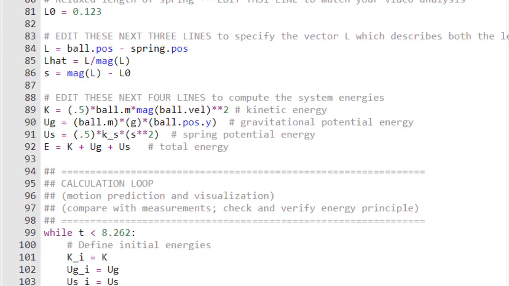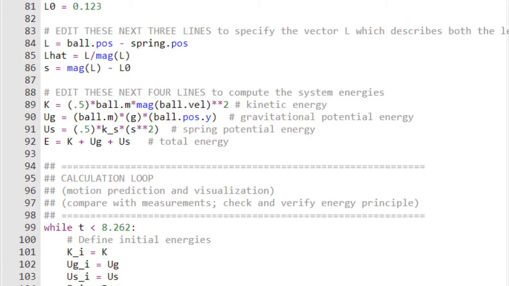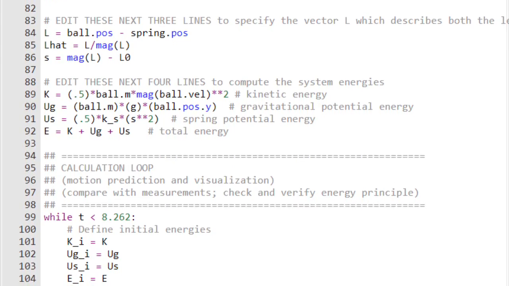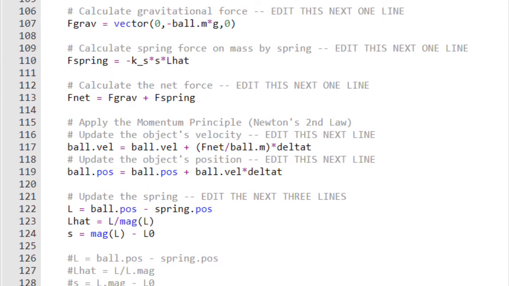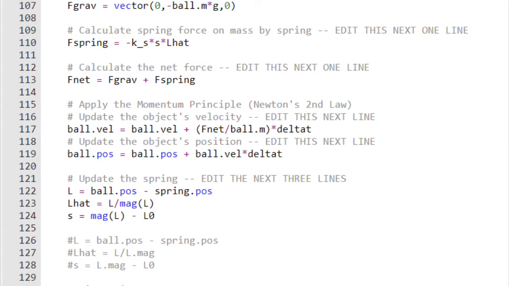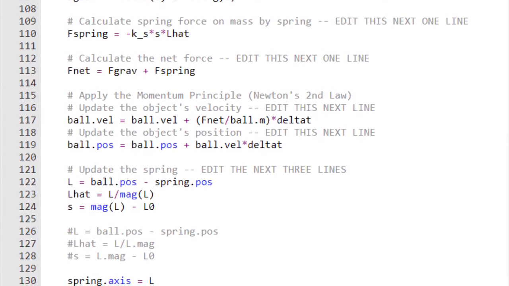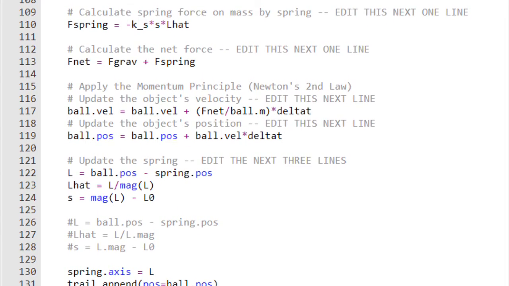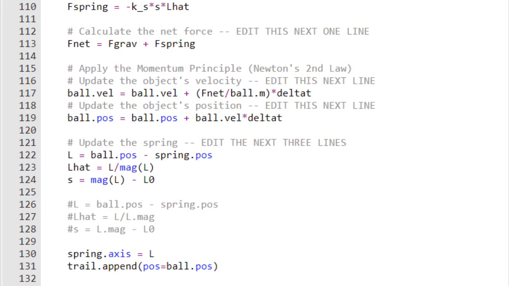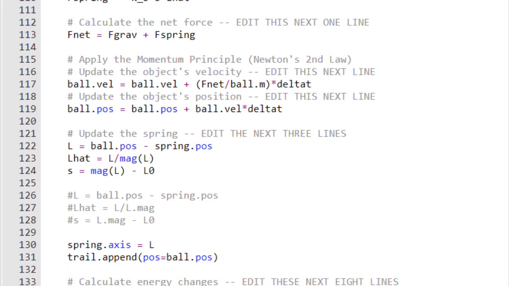And then we get our while loop, and I did my entire time, which was 8.262 seconds. And we do a lot of what we did up above, but now, instead of the initial steps, it's like during it. And we have to calculate F net, which is just gravity plus spring.